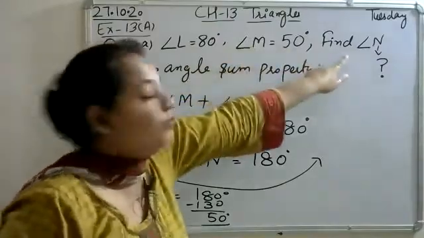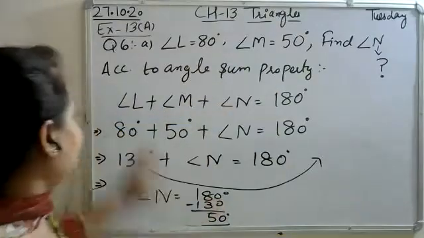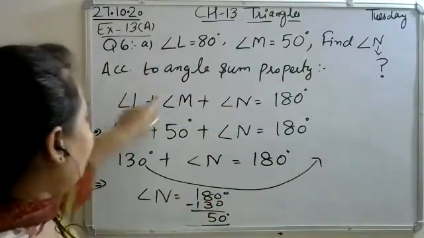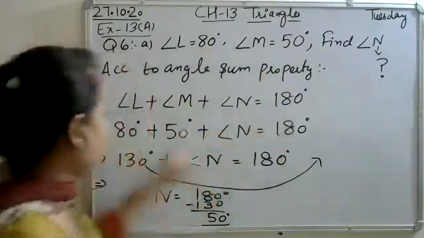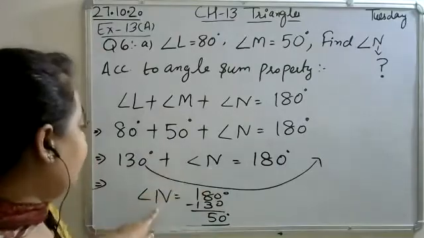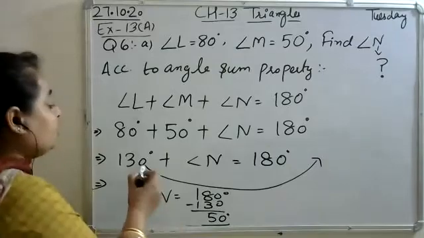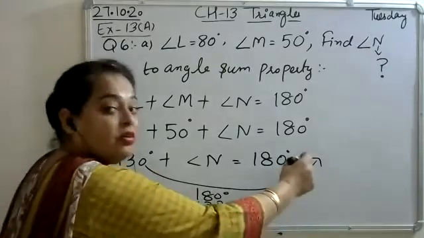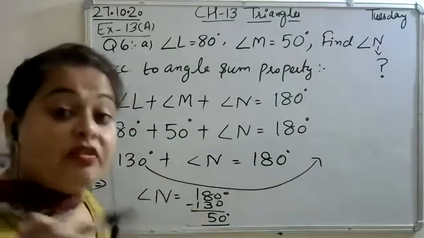The question is to find angle N. So according to angle sum property, angle L plus angle M plus angle N is 180 degrees. Put the values. After putting values, to get this N, 180 minus 130, because whenever you shift this 130 to the right hand side, plus will change to minus. So this is the way to solve the sum.